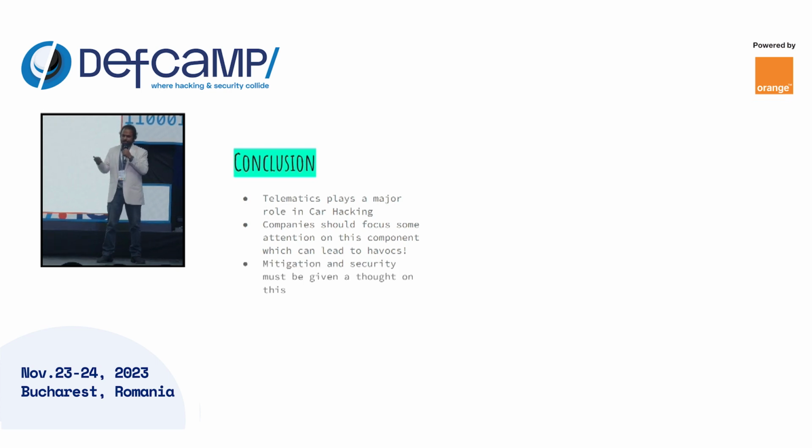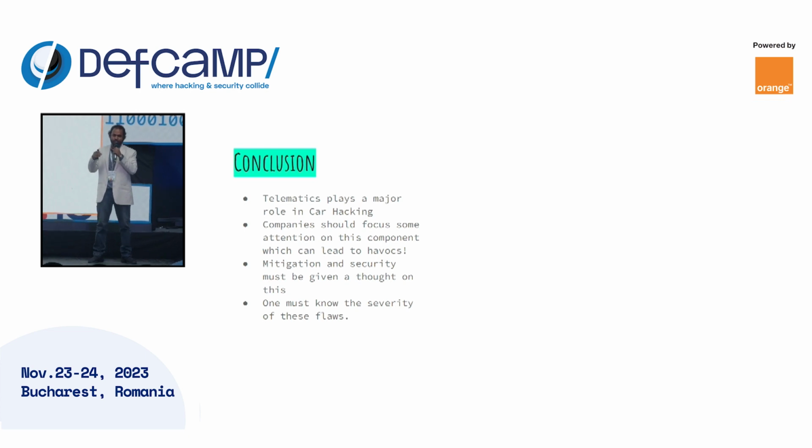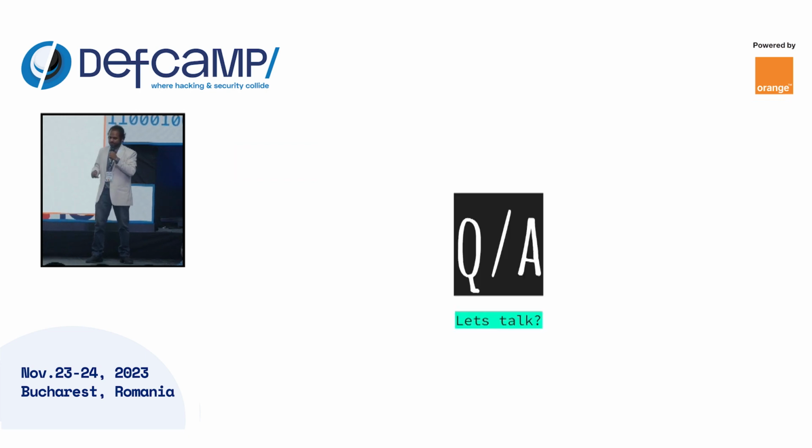Mitigation and security should be given thought on this. This is one of the most important factors, and one must know the security flaws. If we consider security, it gets tougher for attackers to hack into these systems. So that's what I can say, and that's it from me, guys.